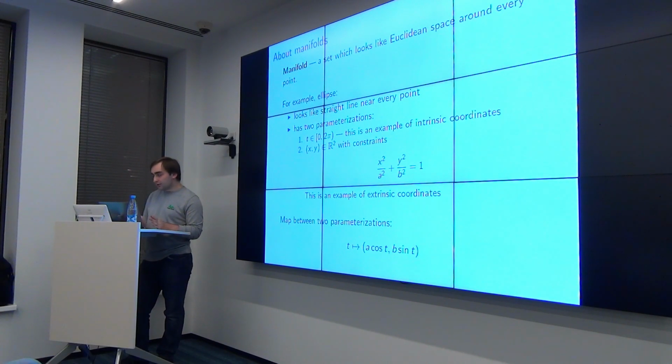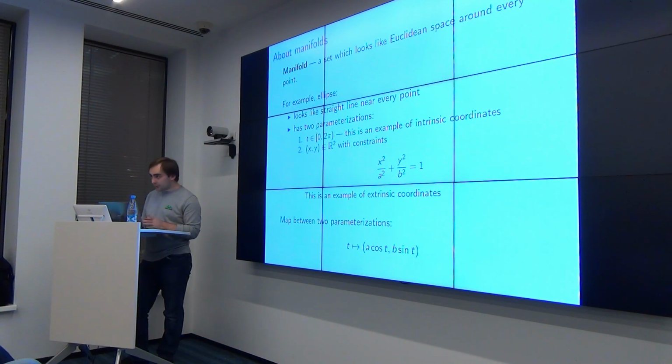One parameterization uses some variable t, from 0 to 2 pi. For every point there is a t which corresponds to the point. And notice that the ellipse is a one-dimensional manifold, because you can just make a straight line from it, and we have one coordinate.